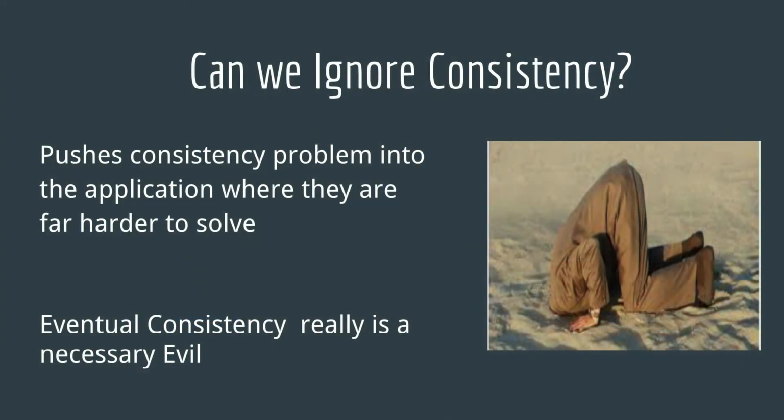So can we really ignore consistency? Can we just say, all use cases are eventually consistent and we'll sort it all out later? I think when we do that, we're really pushing the consistency problem into the application where the problems are much harder to solve. So by saying that everything is going to be eventually consistent, we're really not avoiding the problem. We're just saying that we're going to be eventually consistent at the data tier.